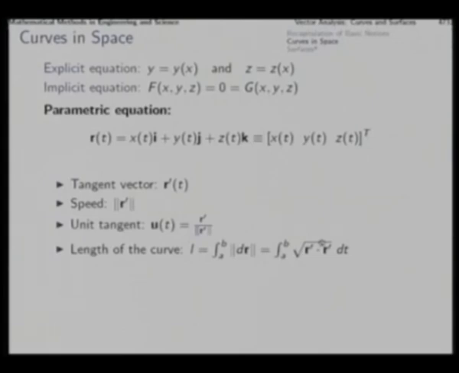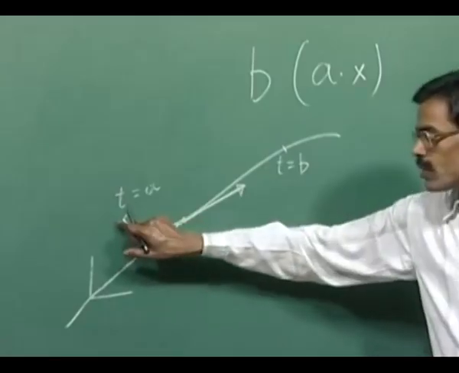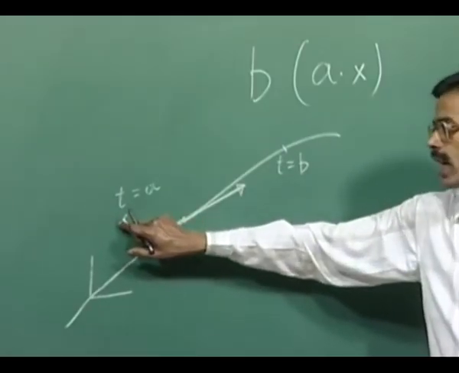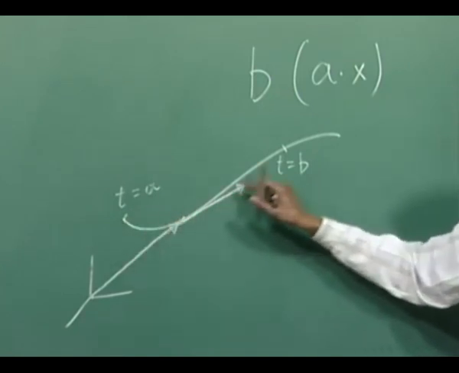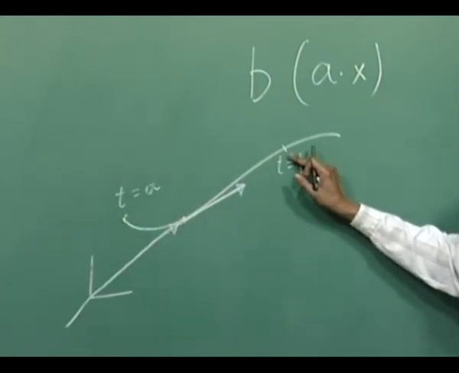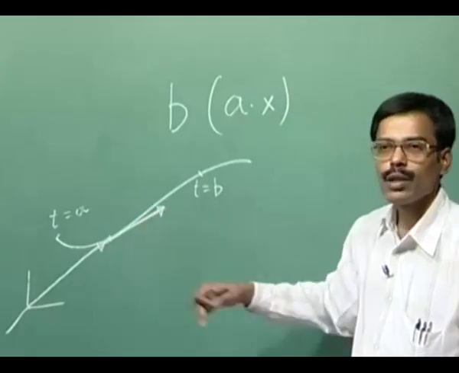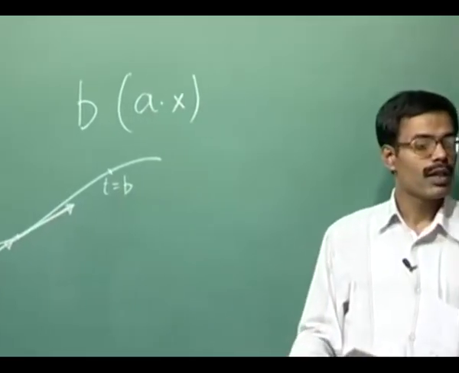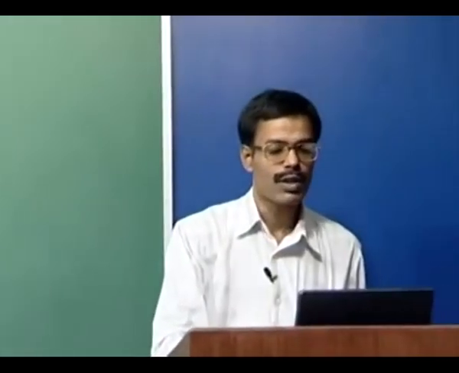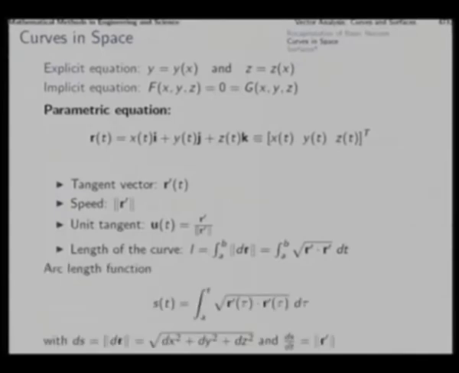Now, if you keep the initial point for calculating the length constant, and you do not specify the final point as a particular value but keep it variable, then through that exercise you can define a very important function which is called the arc length function.